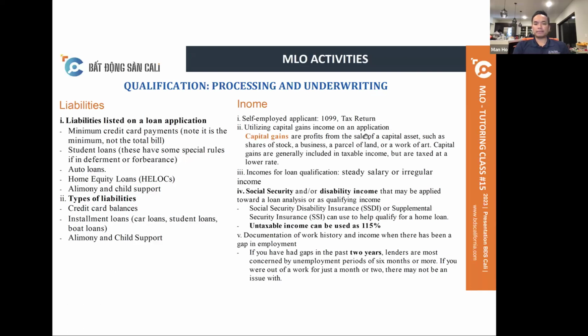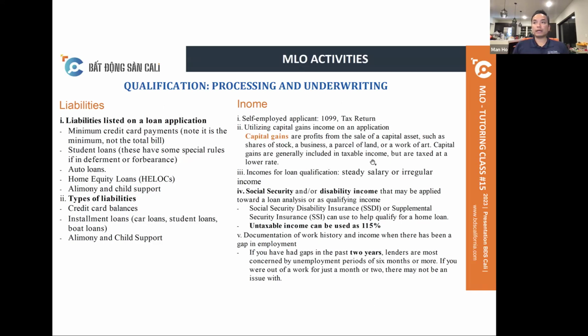Utilizing capital gain income on an application. Capital gains, what is it? It's a profit from the sale of an asset, such as stock, business, land, a work of art, or a house. Capital gains are generally included in taxable income.